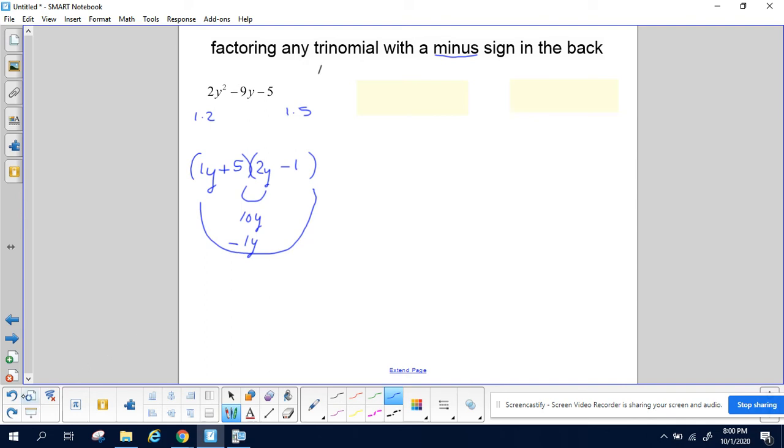And you do not. So change them. Minus there, plus here. Positive 1y times positive 1 is positive 1y here. -5 times 2y's is -10y. And finally, I have a -9y, which is the thing I was hoping for.